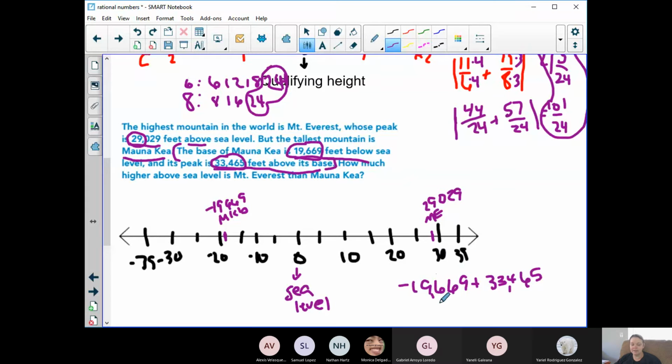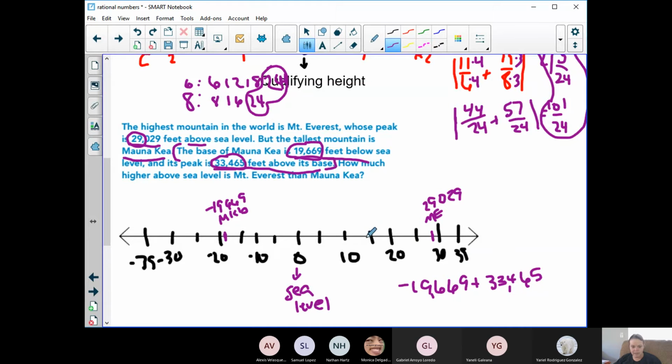So what is negative 19,669 plus 33,465? What number do you get? 13,796.